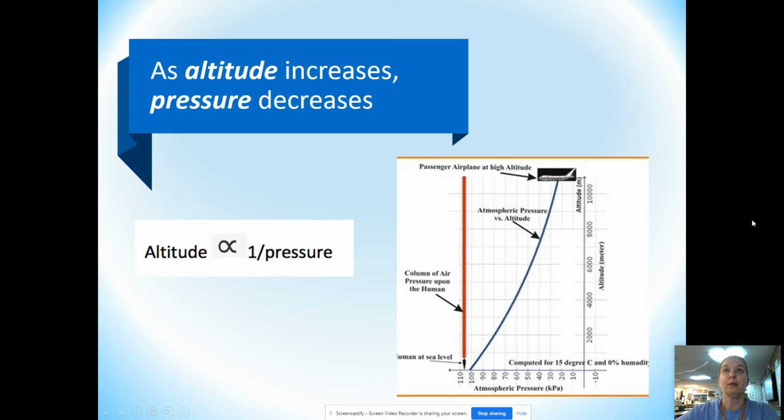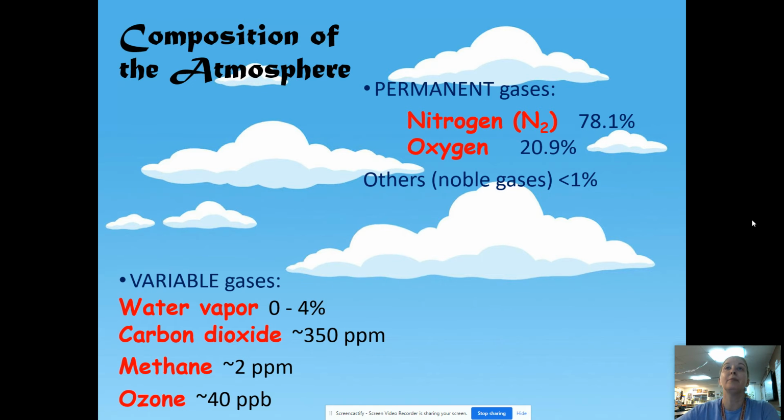So, composition of the atmosphere. Permanent gases: nitrogen and oxygen are big ones. Most of the atmosphere is nitrogen, about 20% is oxygen. Then we have variable gases. Water vapor can be anywhere from 0 to 4 percent. The more water vapor, the more rain you're going to have. Water vapor tends to affect the weather of an area, not the climate.